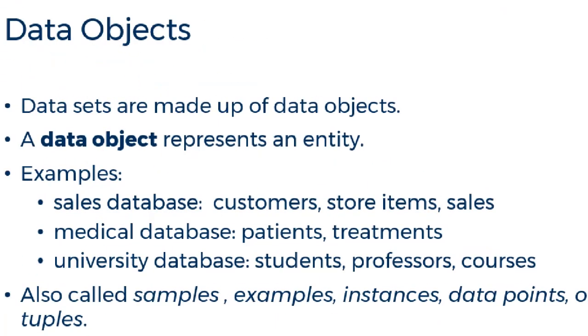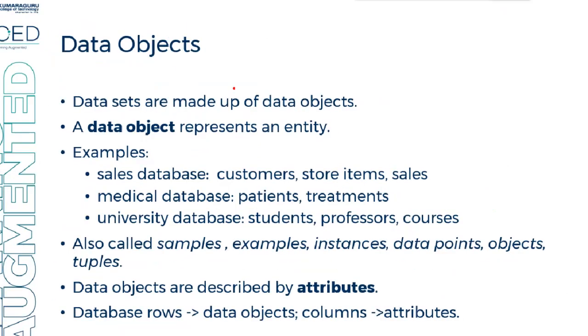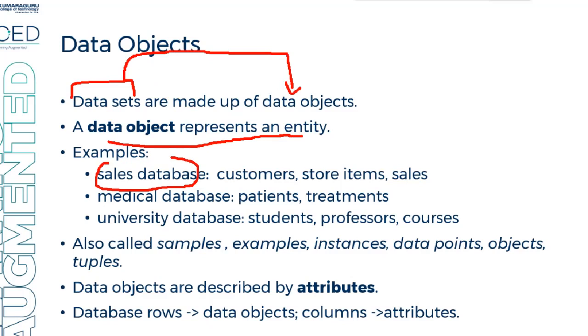Now, data objects. Data sets are made up of data objects. A data object represents an entity. For example, a sales database contains the data objects customer, store, item and sales.